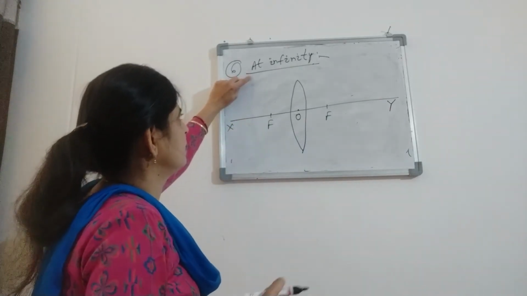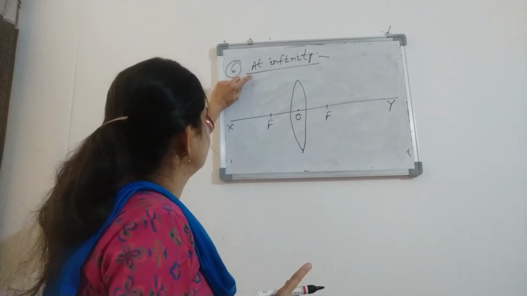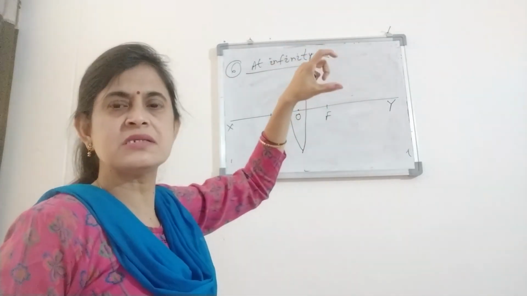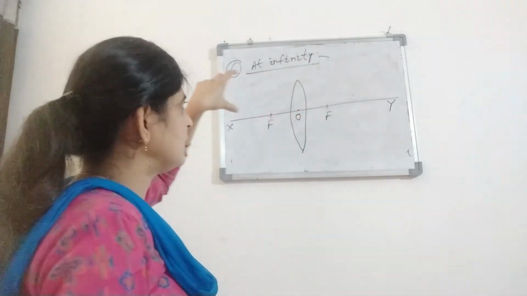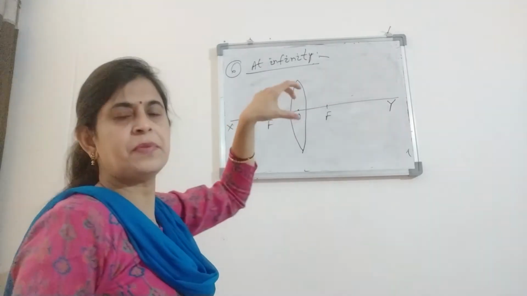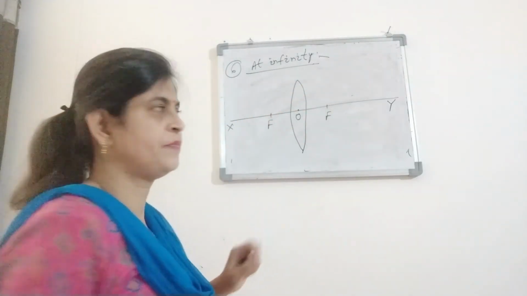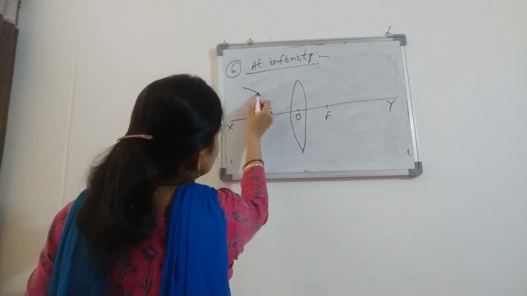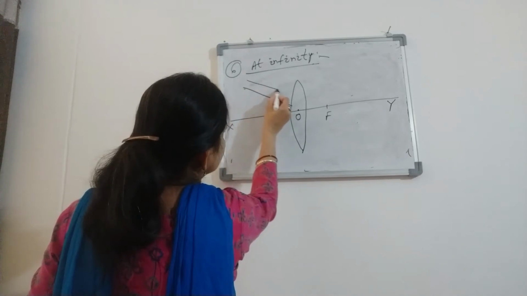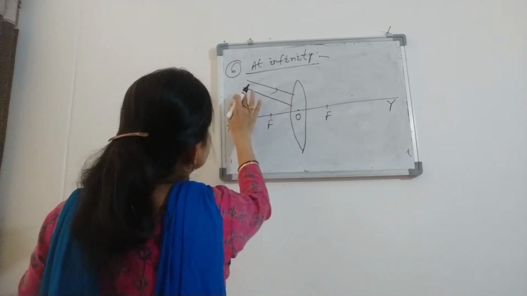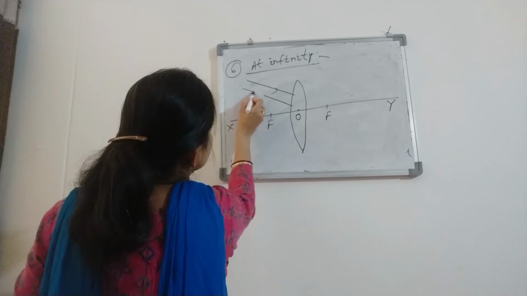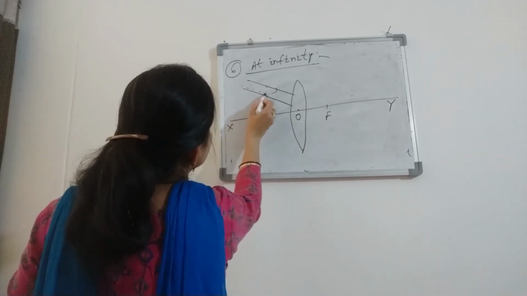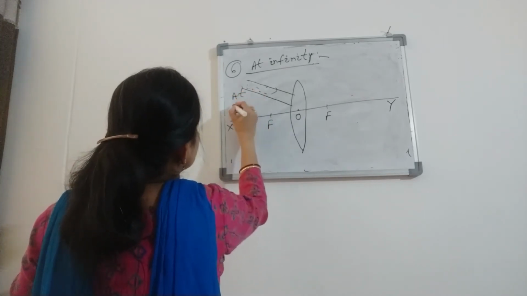Now remember one thing. Here the object is placed at infinity. Infinity means at that time the incident rays are coming parallel to each other. So draw the incident rays which are parallel to each other. At infinity.